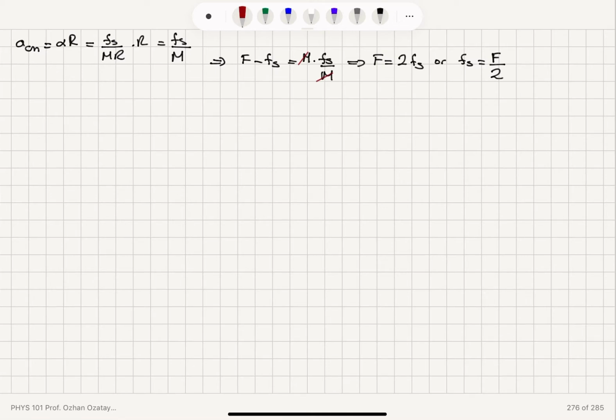So it's the force we're applying divided by 2. That's the static friction. Acceleration of the center of mass is basically Fs divided by M. So that would be equal to F divided by 2M.